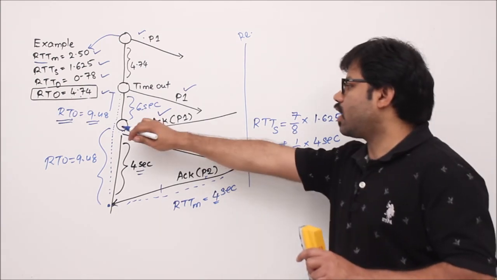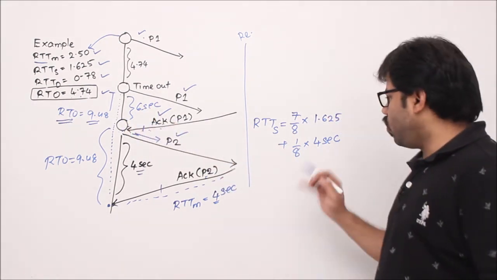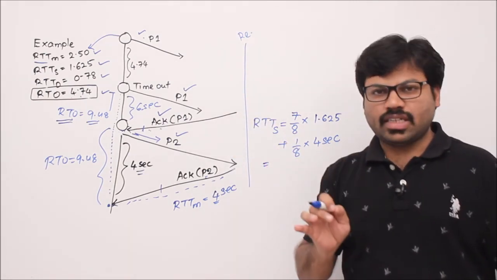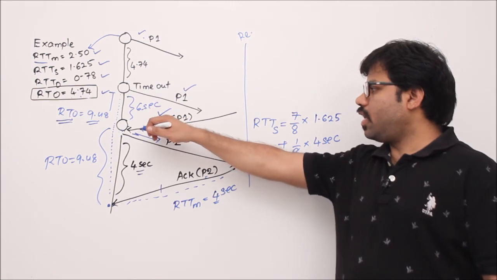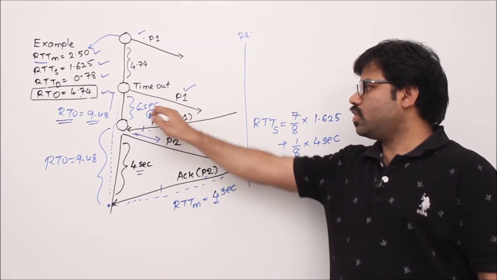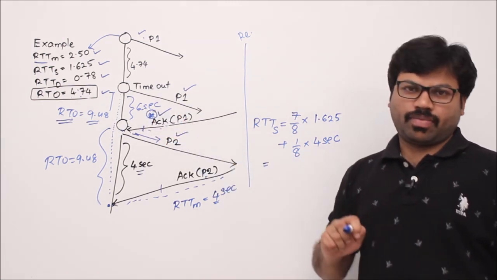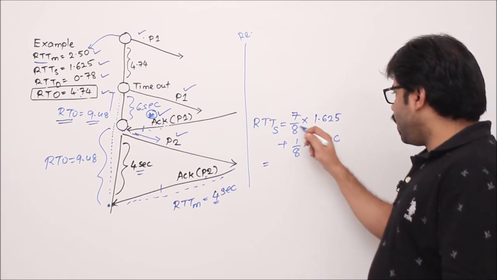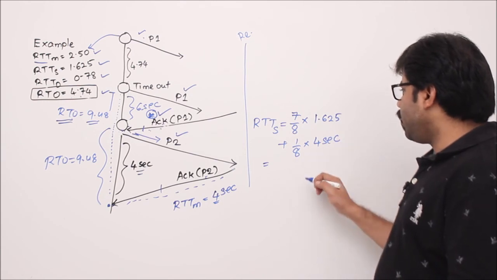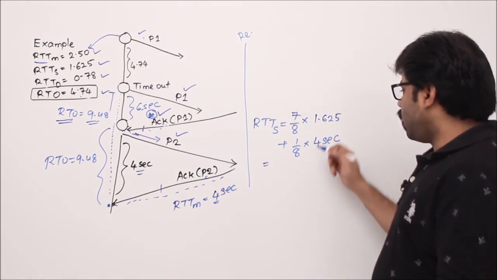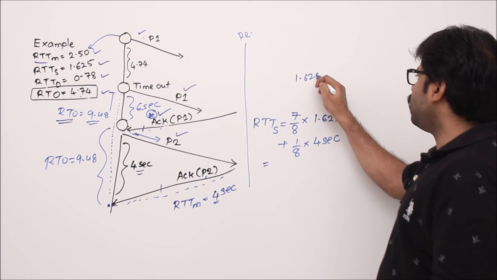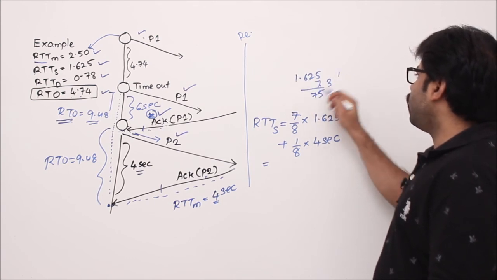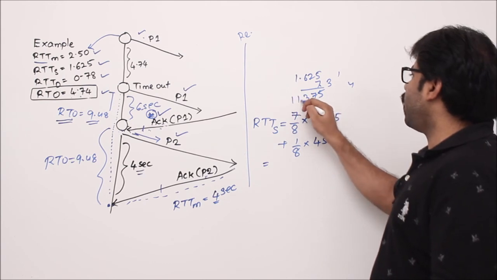So this is the first time we are doing the calculation. For the earlier acknowledgement we did not do it. That is called Karn's algorithm. Karn simply says that for an acknowledgement of this kind of confused status, don't do anything. So here it would be 7 by 8 into 1.625 plus 1 by 8 into 4. If you simplify, 1.625 into 7 is 11.375.